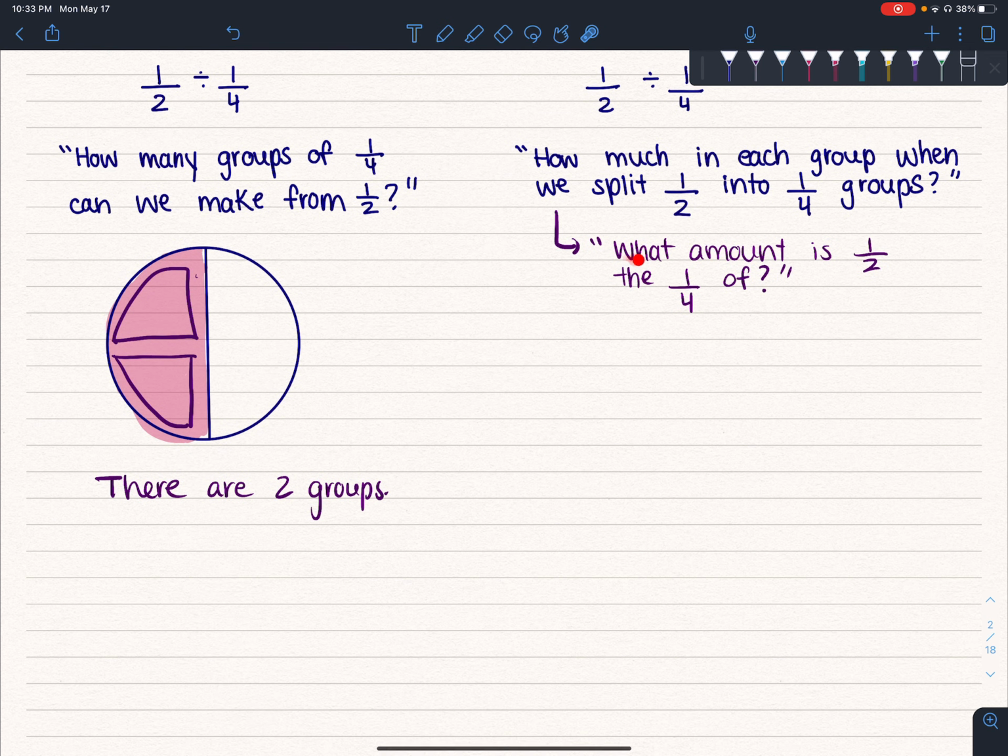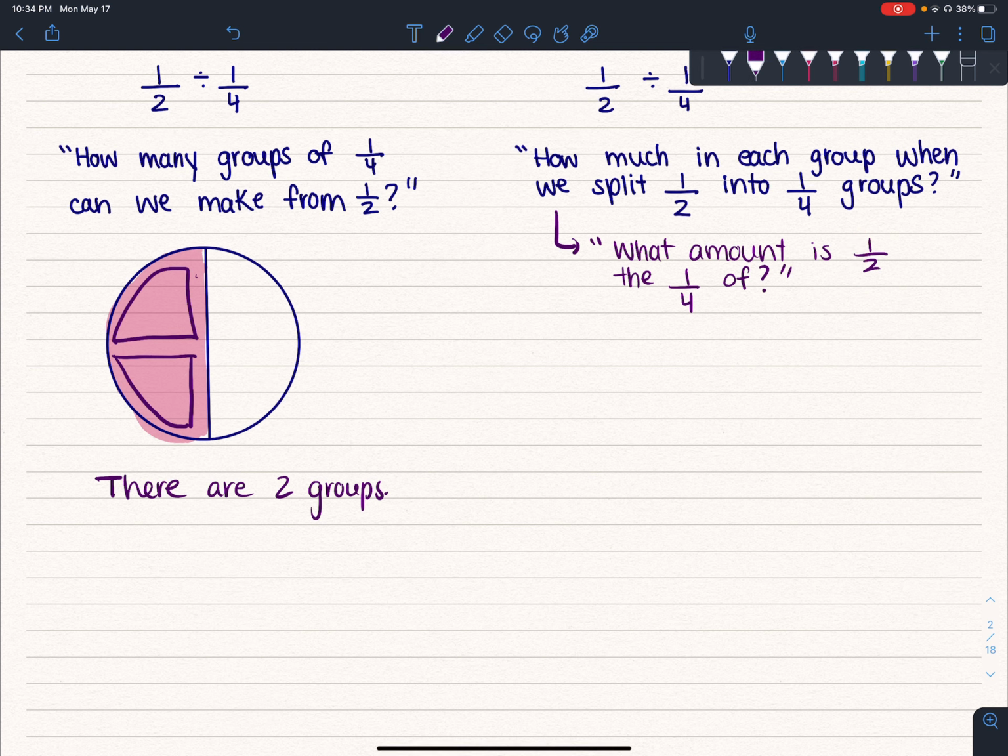So this question is showing us that a half is the result of something being cut into 4 pieces. So we started out with something, it was cut up into 4 pieces, it was separated into 4 groups. And that result gave us a half, and we want to kind of work backwards.